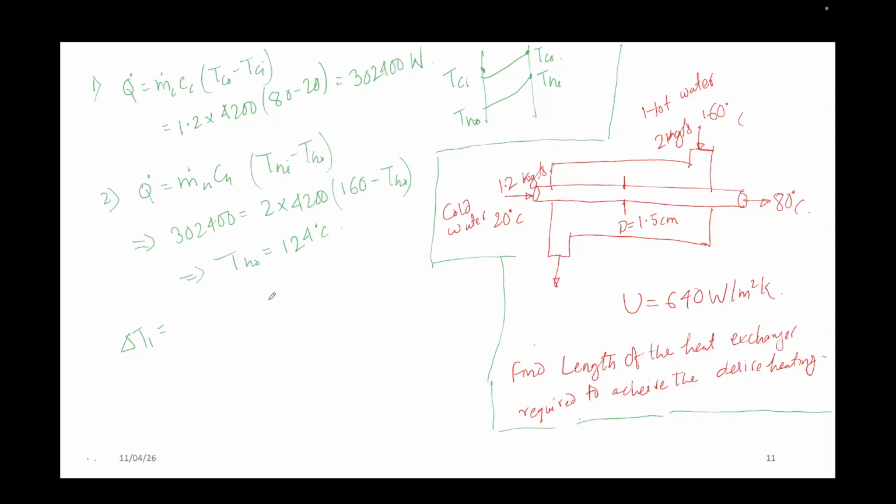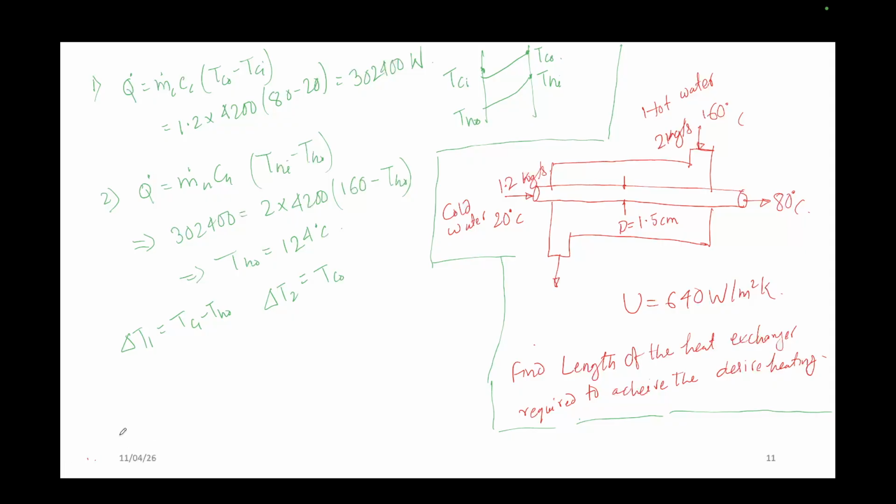Del T1, del T2. So anything you can take. Say I am taking TCI minus THO and this one is... See, I have made one mistake, the THO should be on the above.